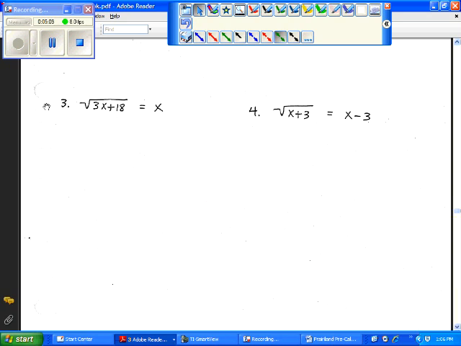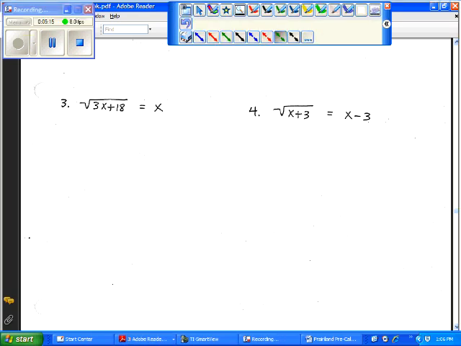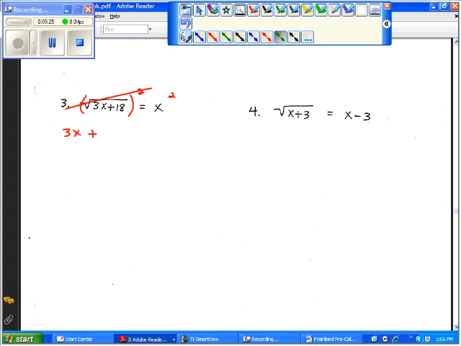Number 3, now there's junk inside the radical with the x, so that's going to get a little bit more complex. The square root is already isolated, so we move on to step 2, which is to square both sides. When we do, the square cancels the square root, and we get the radicand, 3x plus 18 equal x squared.